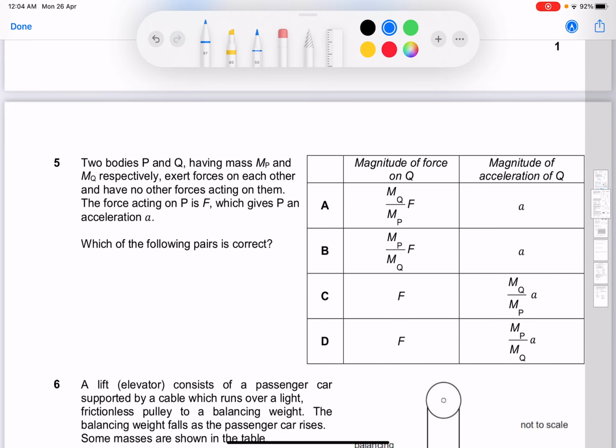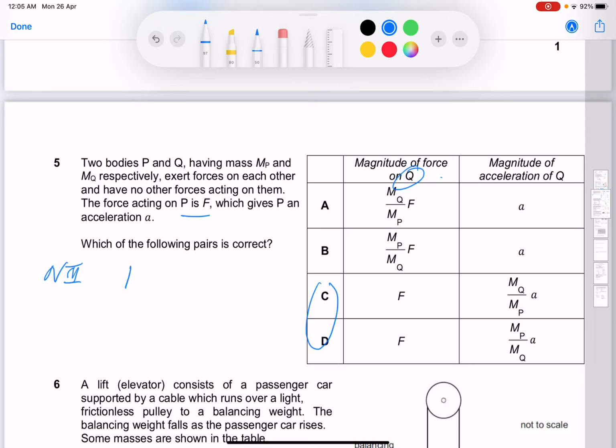Question 5. With two bodies and no other forces acting between them, if the force acting on P is F, by Newton's third law, the force acting on Q should also be F. So it's either C or D. Let's find the acceleration.